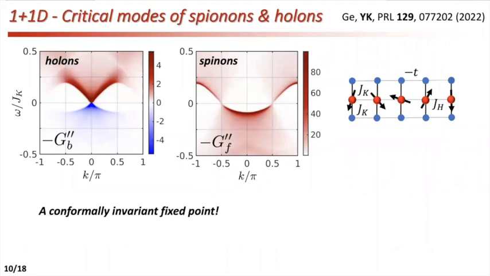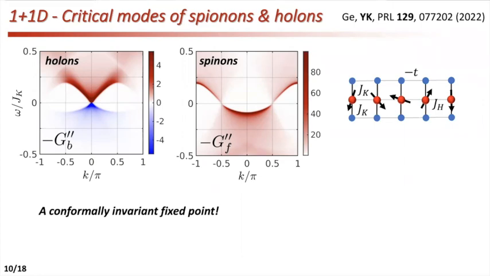So let me first apply this method to a one-dimensional two-channel Kondo lattice, or multi-channel Kondo lattice, shown here. And on the left, I'm showing you the spectral function of bosons and F electrons, as a function of momentum and frequency. And you can see that it is very incoherent, right? The spectrum is non-zero everywhere, but it vanishes outside the light cone, as it should.